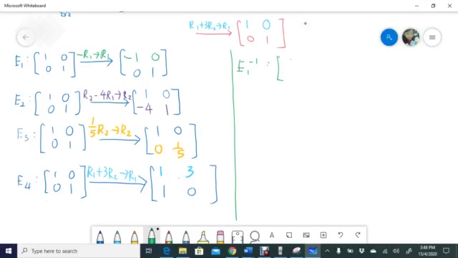Same thing, you will still start with 1, 0, 0, 1 for your identity matrices. Each of them is based on the elementary row operations that you have at the beginning. The first one is scalar, am I right? So if scalar, you have negative 1 over k, right? For this case, negative 1 over k is still the same.